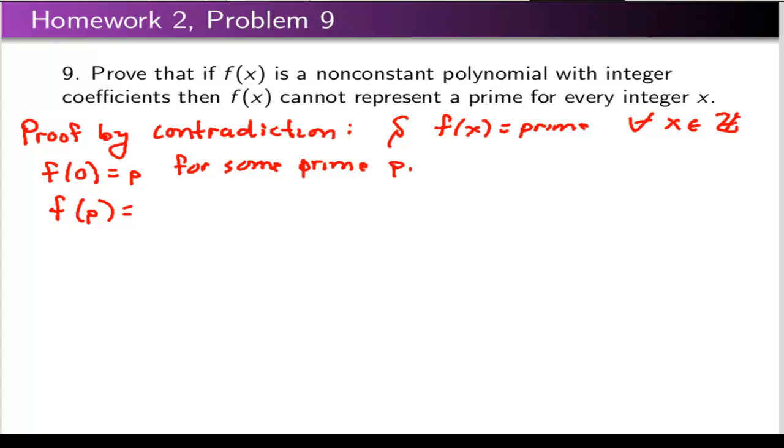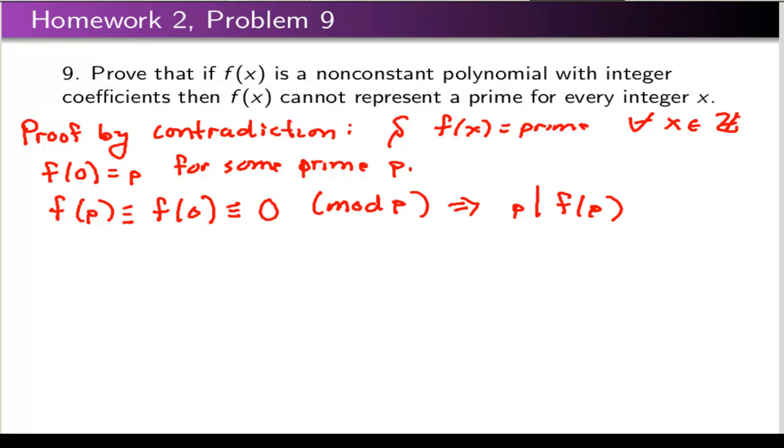Well, p is congruent to 0 mod p. So f of p is congruent to f of 0, which is congruent to 0 mod p. So f of p is congruent to 0 mod p means that f of p is a multiple of p. And yet f of p is supposed to be a prime.